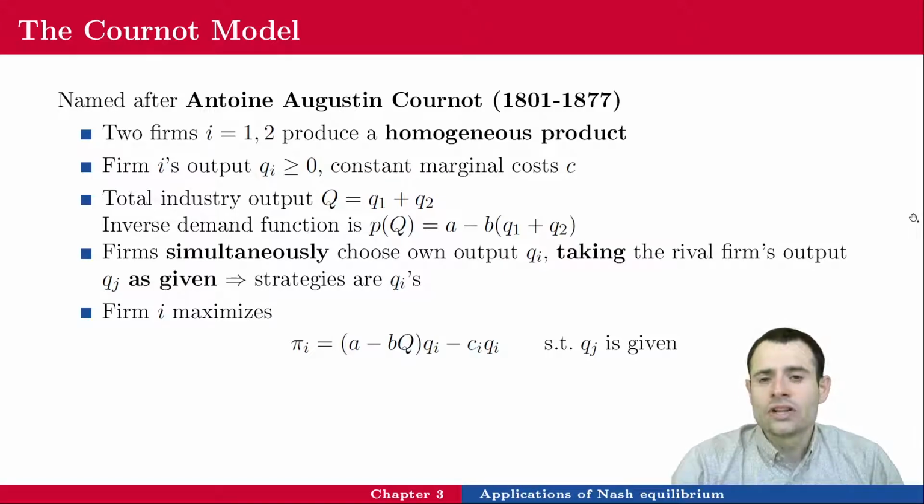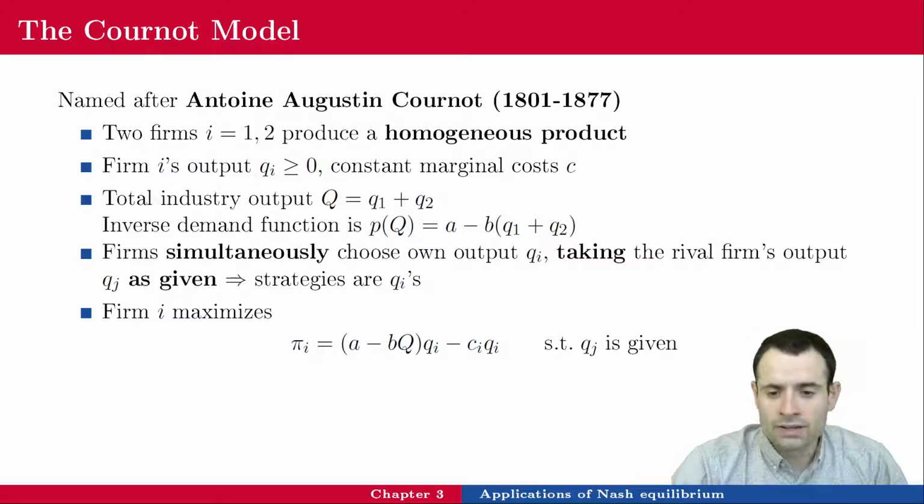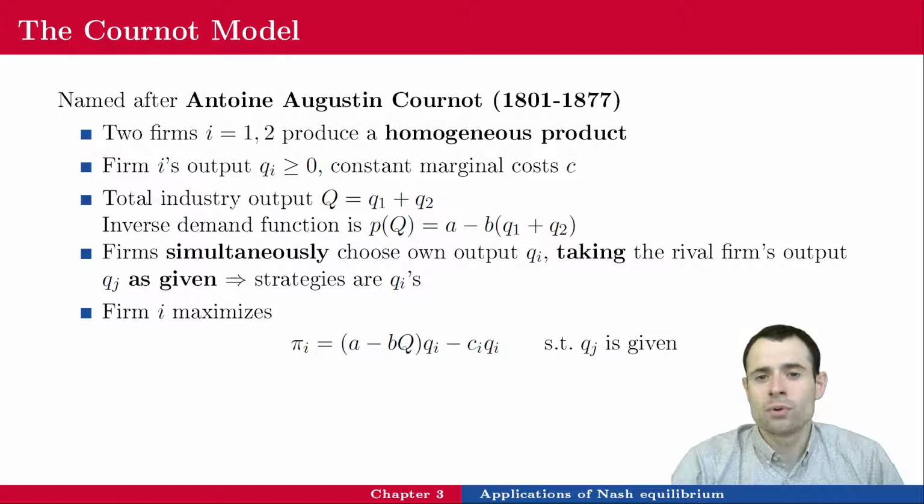I added here the subscript i on the c to show you the general idea. Later on, once we plug numbers, I might set the marginal cost to the same number for both firms or a different one.